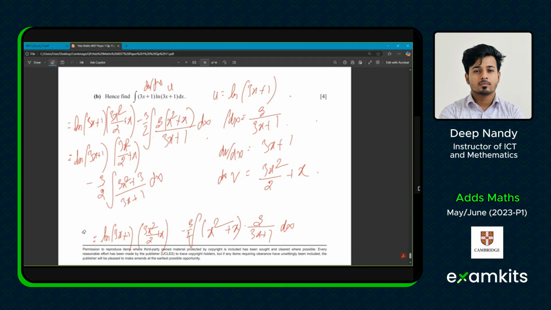Now using the reverse chain rule to solve the last part of the integration for the value.